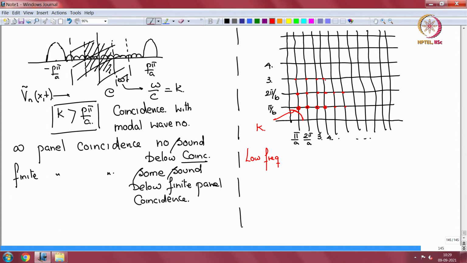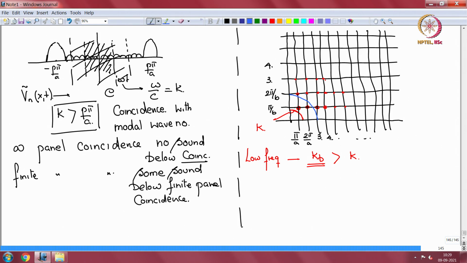Now at low frequencies, the infinite panel wave number KB is greater than the acoustic wave number. So this is, let's say, the blue line. This is the infinite panel wave number.